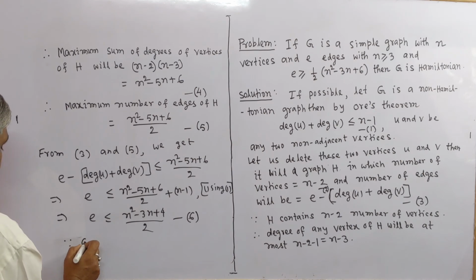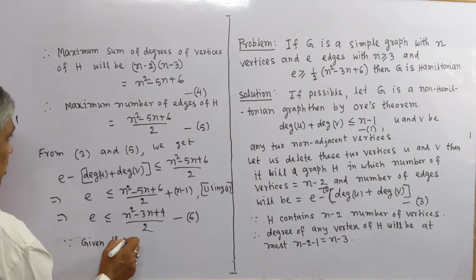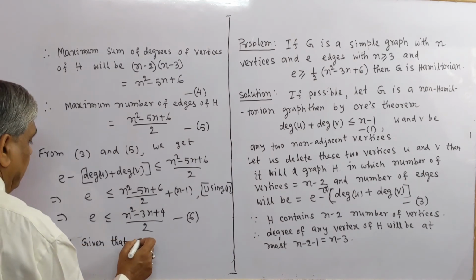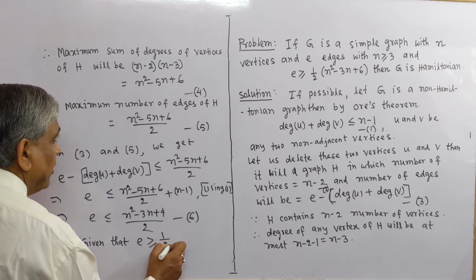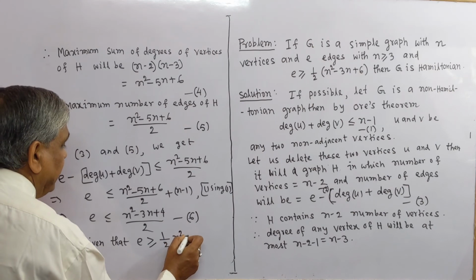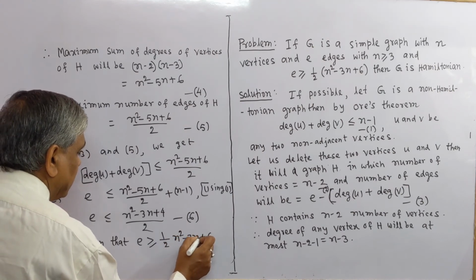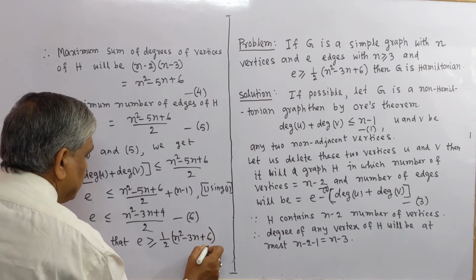Since given that E is greater than or equal to half n square minus 3n plus 6, this is number 7.